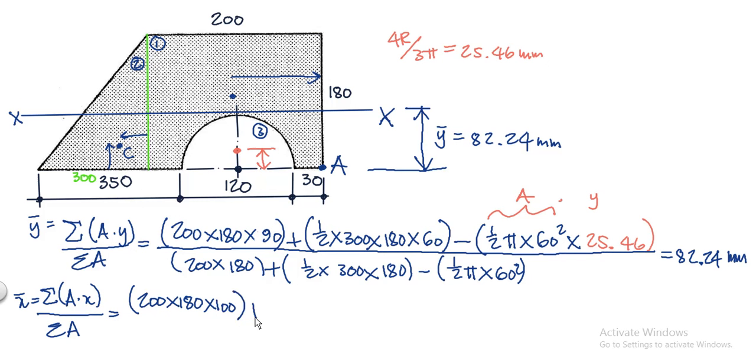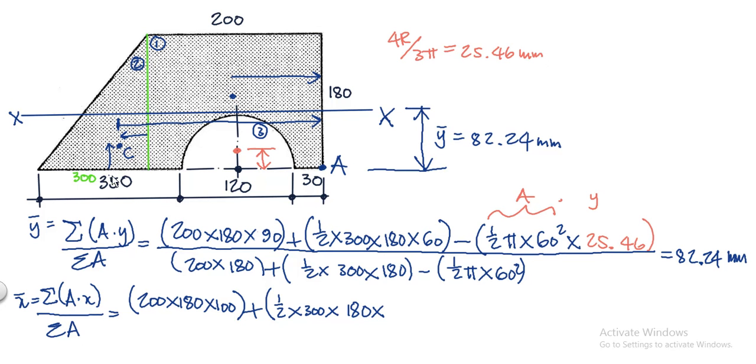Plus area of a triangle of base times height times x. What's x? X is the distance from the centroid of the element to the point we take moments about. So it's the distance all the way from there up to there.